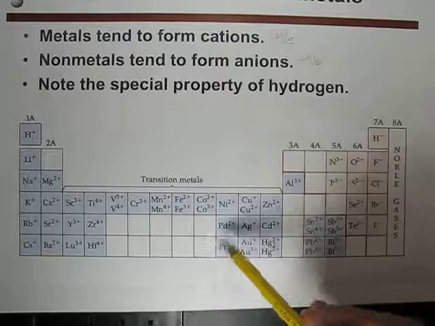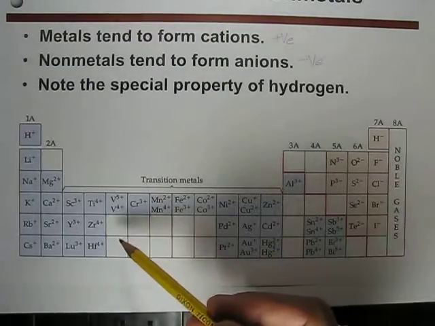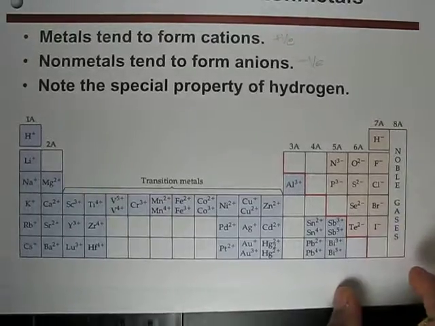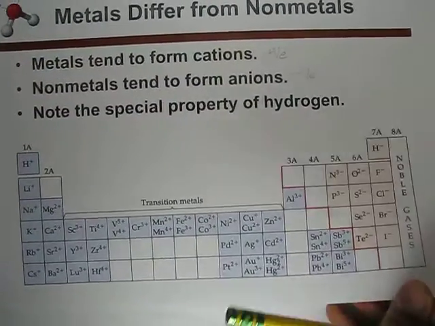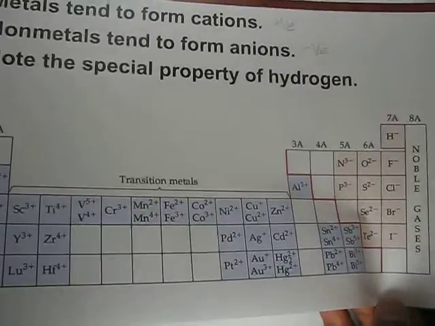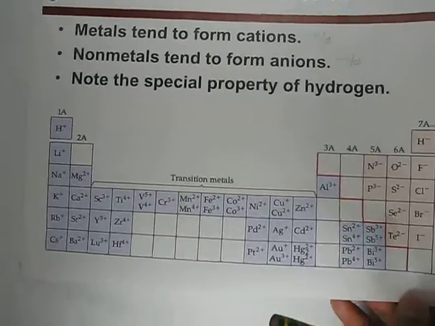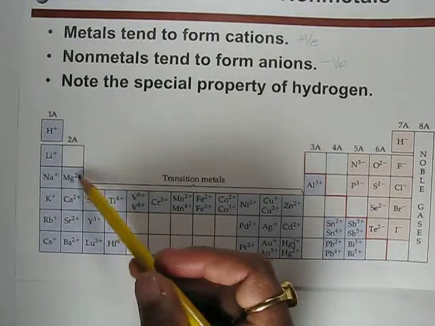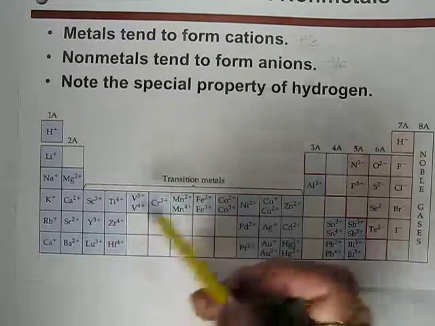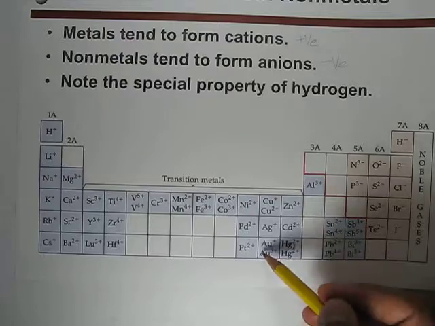Some of the metals are not shown here, and these are the most common metals you will encounter in this course. That is why they are showing hydrogen ion, lithium ion, sodium ion, potassium ion, rubidium, magnesium, calcium, etc., zinc, cadmium, palladium, platinum, gold.